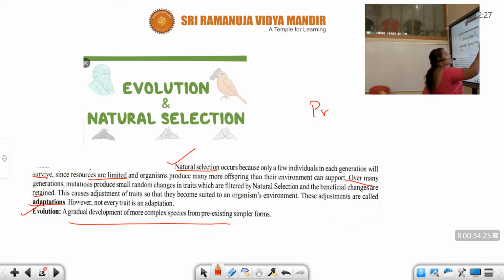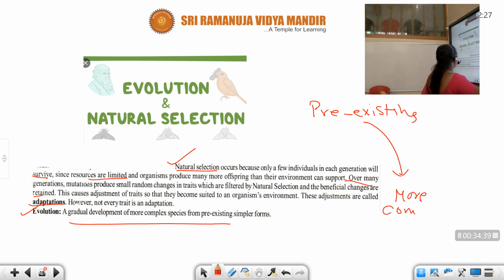Our previous ones we call primitive. So the gradual development of more complex species from pre-existing forms is known as evolution. Understand?